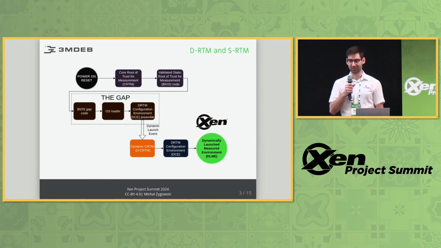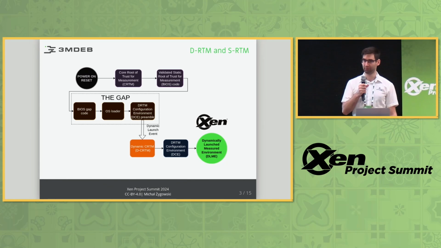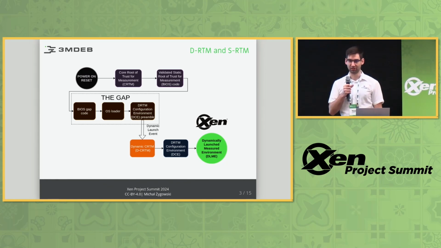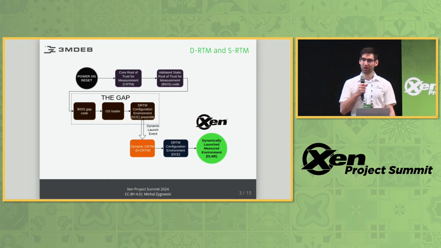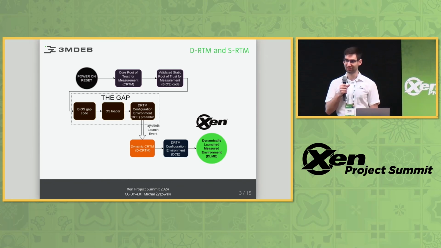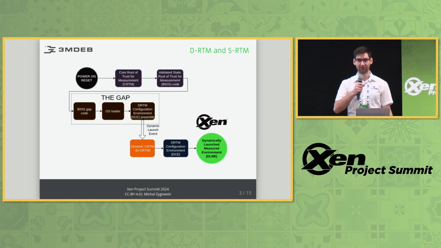And this stage of the platform life is called the gap, because there is a gap in the understanding of the actual platform trust state. According to the Trusted Computing Group DRTM specification, the only ways to actually get out of this gap is to either reset the system or perform the dynamic launch, which the DRTM is for.